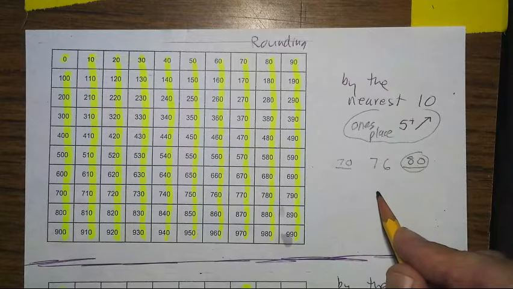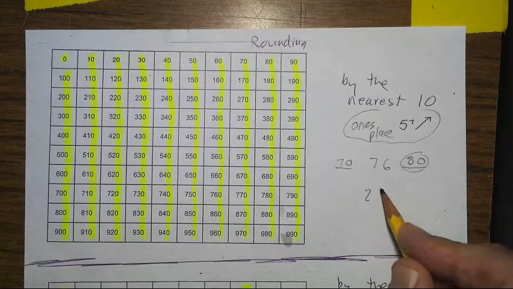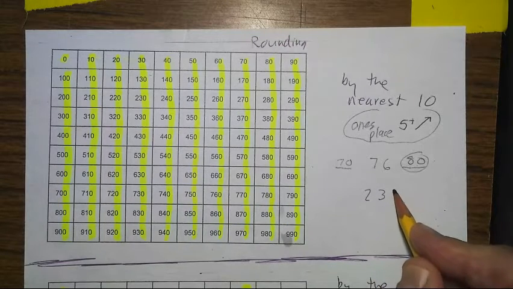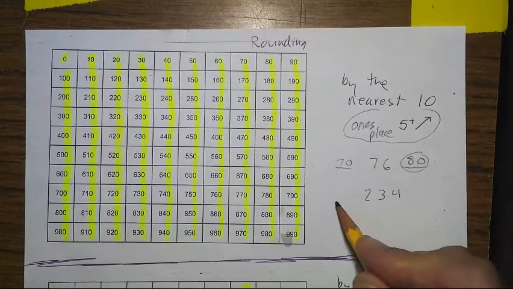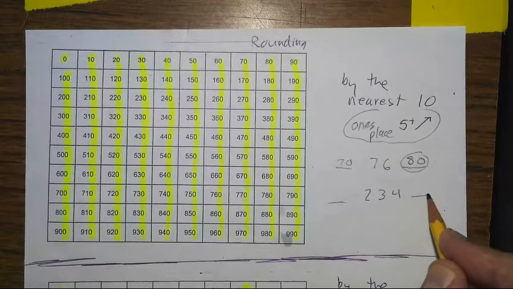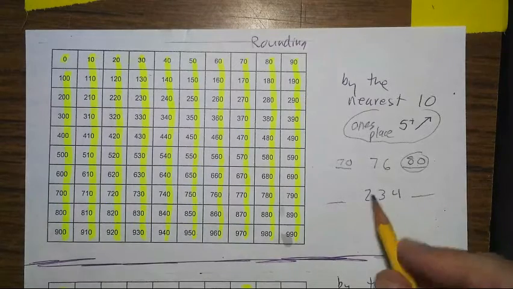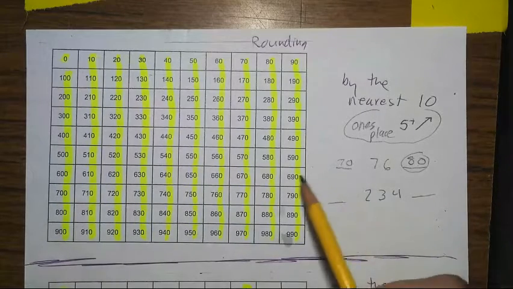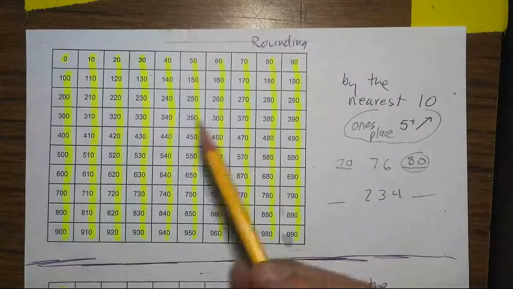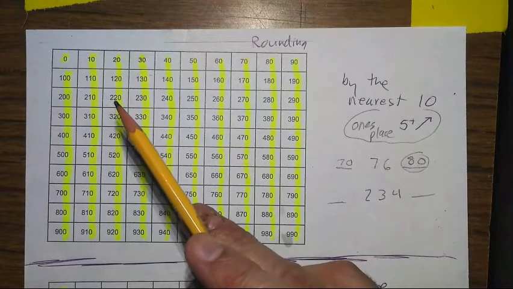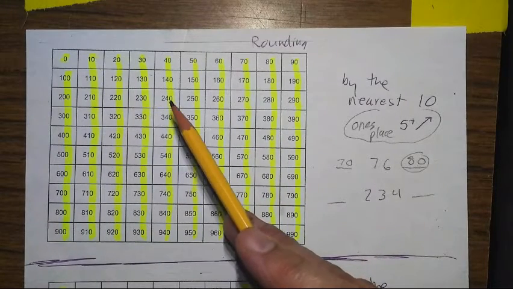Now, the case we did not get to yesterday would be something like this: 234. And if we're doing our tens, we look at my chart here: 200, 210, 220, 230, 240.